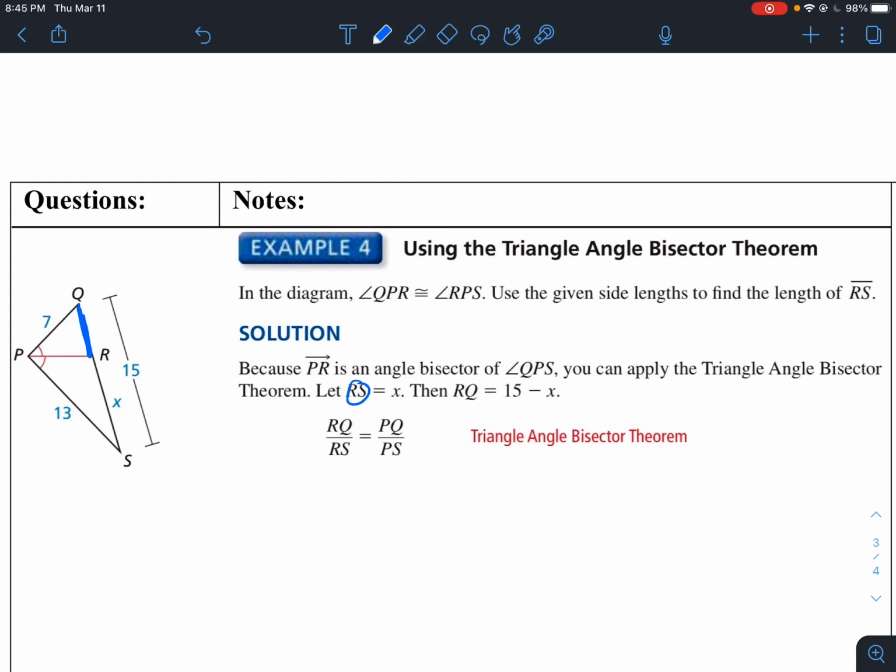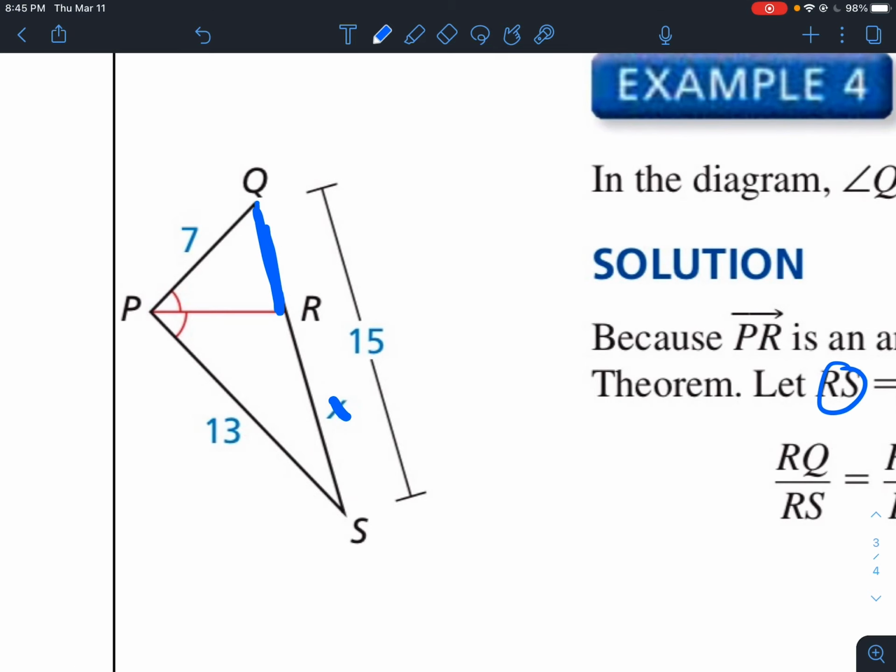So if this segment right here is x, and if this distance right here is 15, then that means QR is 15 minus x.